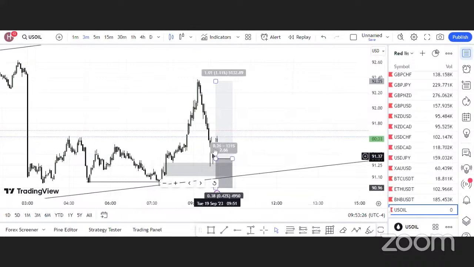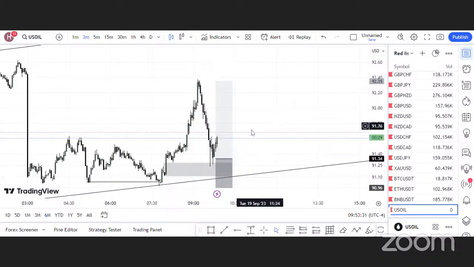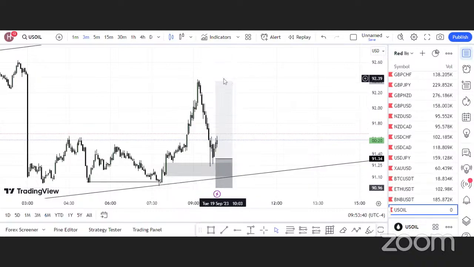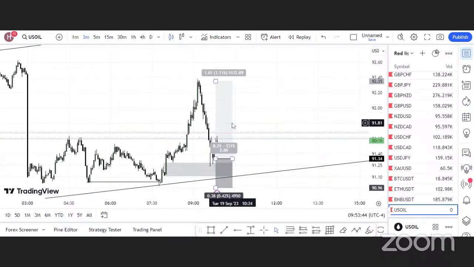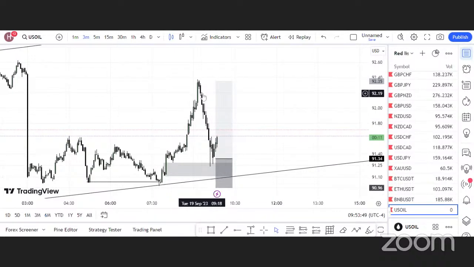So let's just wait for this to make a retracement back here before we take an entry. If we are to enter right now, our stop loss will be too far. That means we are risking a lot to take just this short trade. I don't think anybody wants to invest 15 naira to get 20 naira.